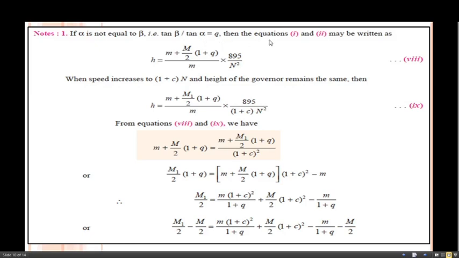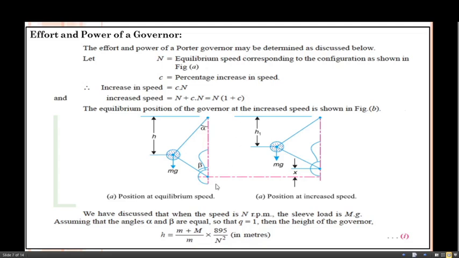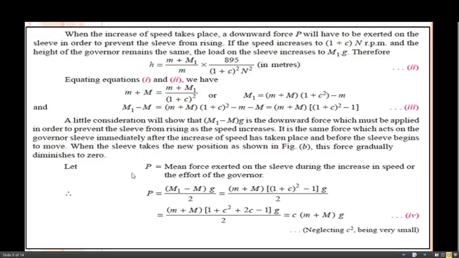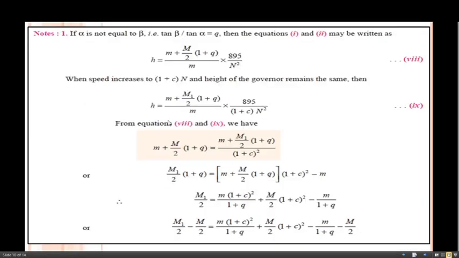Equation number 1 and equation number 2 may be written as, adjusting only the 1 plus q term and considering the gravitational force or weight, this relation: h equals (m plus capital M) by 2 into (1 plus q) divided by small m into 895 divided by n square.